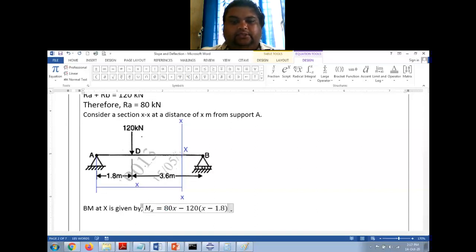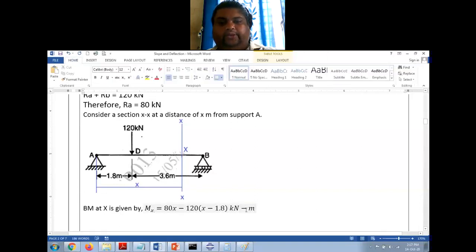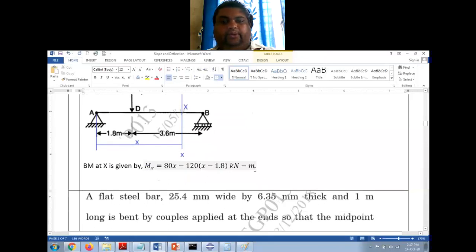So it is 120 into X minus 1.8. And this will be in kilonewton meter, because force I have taken in kilonewton and length I have taken in meter. So the bending moment is in kilonewton meter. I'll just leave it as it is.